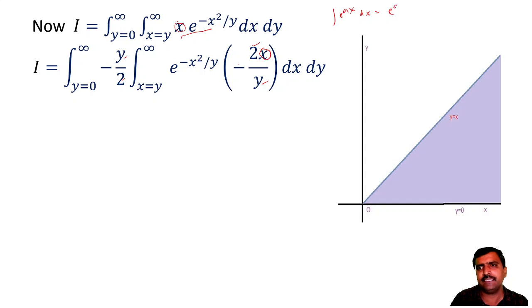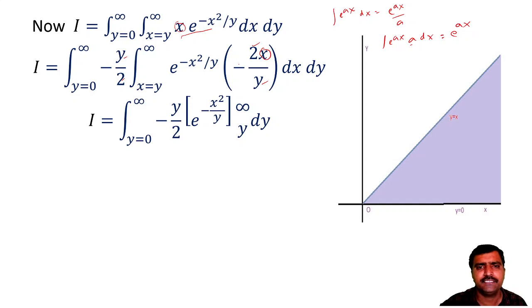Its integration is e to the power of ax by a. Similarly, if you write this one here, its differentiation comes to the denominator, that is minus 2x by y. Then this can be cancelled, and this can be cancelled. Or, if the integral is e to the power of ax into a dx, you can write its integration directly as e to the power of ax. If the coefficient of the derivative of the power is there, the integration is just e to the power of ax. Okay, so now we write the same thing here.